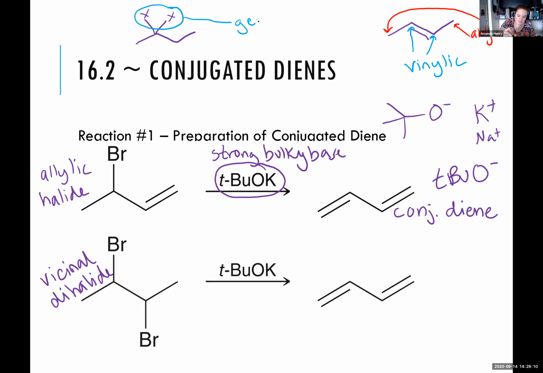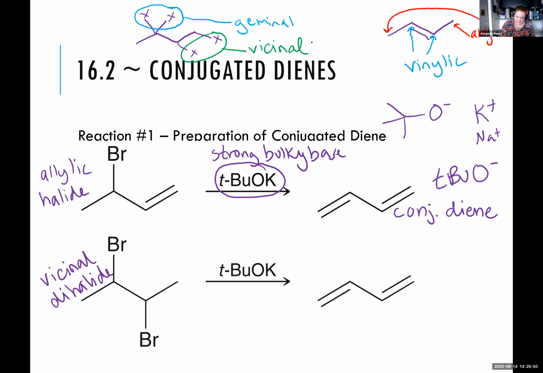Geminal refers to two substituents on the same carbon, and vicinal is two substituents on adjacent carbons. So again, we give structures like that terms so we don't have to say two bromines on two carbons that are right next to each other. Instead, we can just say vicinal bromides.